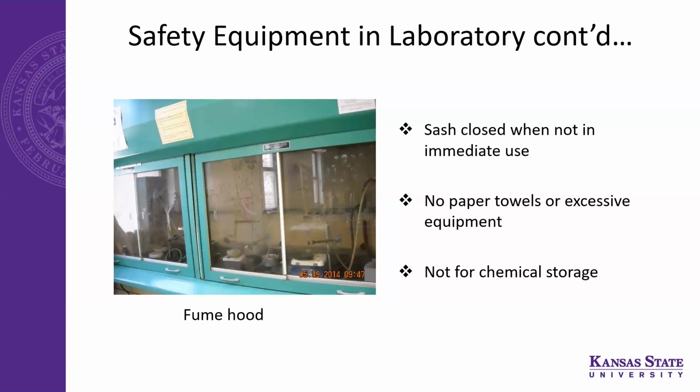If the paper towels are in there, they can get sucked in and the fume hood can get clogged, so you'll have to have maintenance come and fix that for you. And of course, we will not use it as a storage place for chemicals. You can have the chemicals for a reaction that you are doing, but not in the long run.